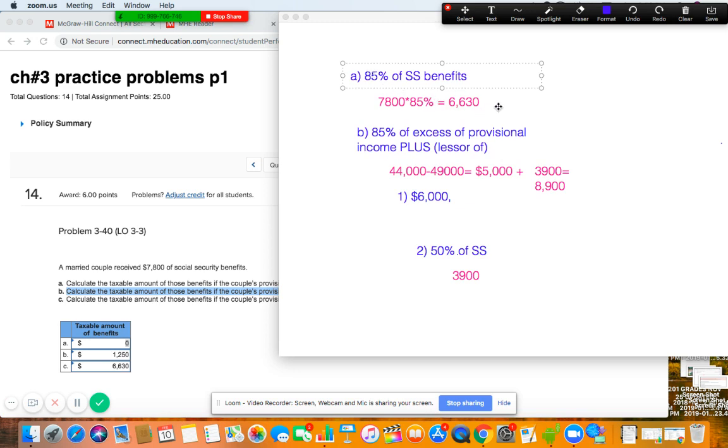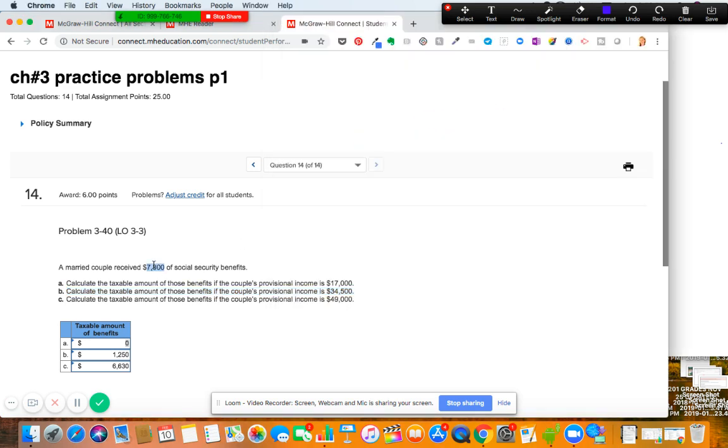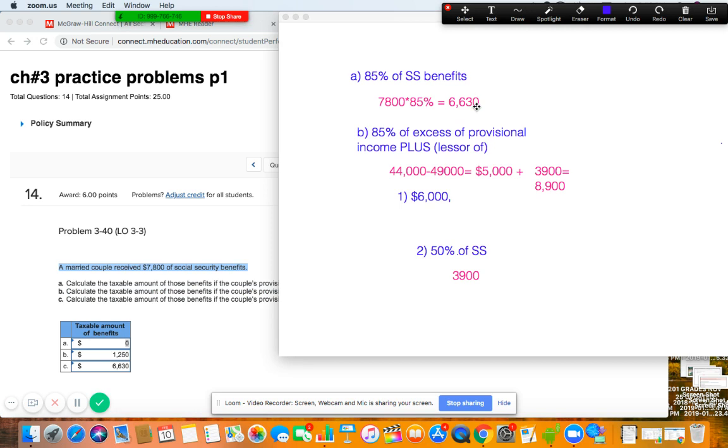The first one is 85% of benefits. That's $7,800 times 85%, which is $6,630. Even if someone earns $1 million, they're only going to pay taxes on 85%. Then we get down here to B: 85% of the excess of provisional income plus the lesser of $6,000 or 50% of Social Security benefits.